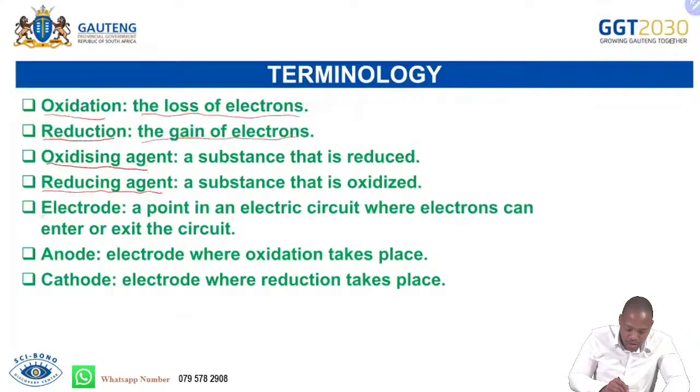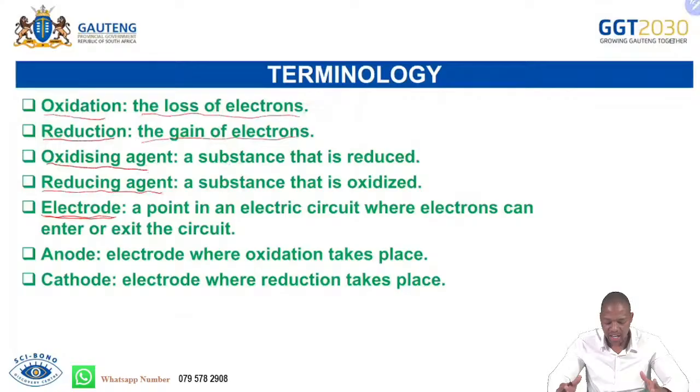Then the term electrode: that is a point in an electric circuit where electrons can either enter or exit the circuit. You'll remember that we've spoken about the anode and the cathode of a diode when we were doing electronic properties of matter. Those were the points in a circuit where electrons can either enter or exit.